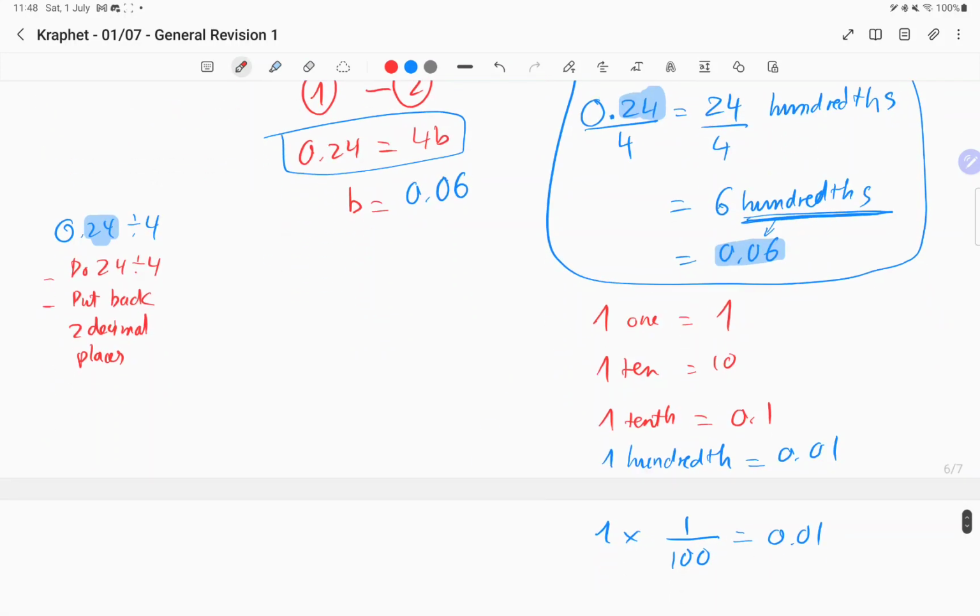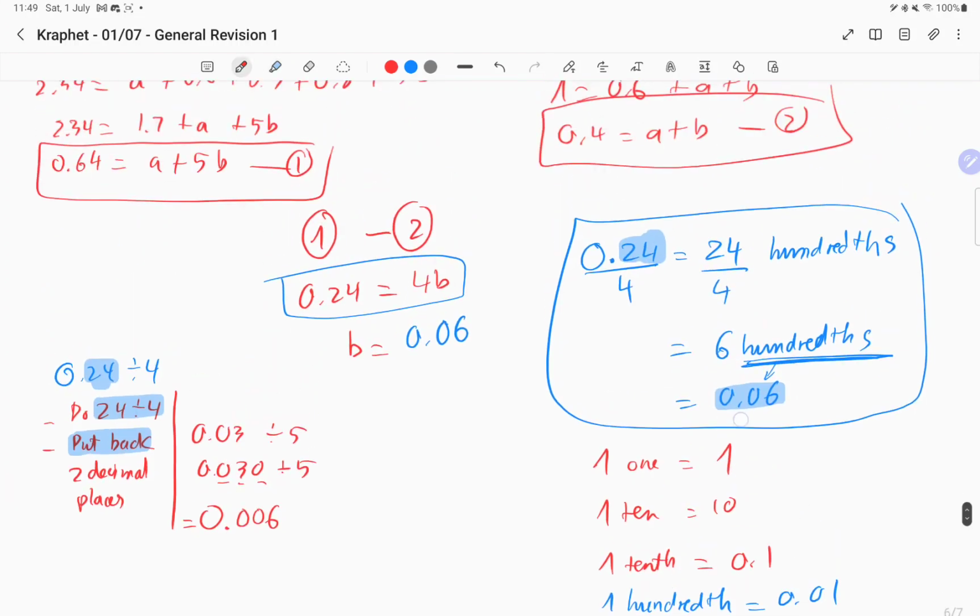So another example is, let's say 0.030 divided by 5. You want to make it into a number that you can divide by 5. So how many decimal digits? 1, 2, 3. 30 divided by 5 is 6. Put back 3 decimal places. 0.006. Okay, so if you're comfortable, you can do that. So whole number division and then put back the decimal places. That would be the same as using the place value thing. Either way.